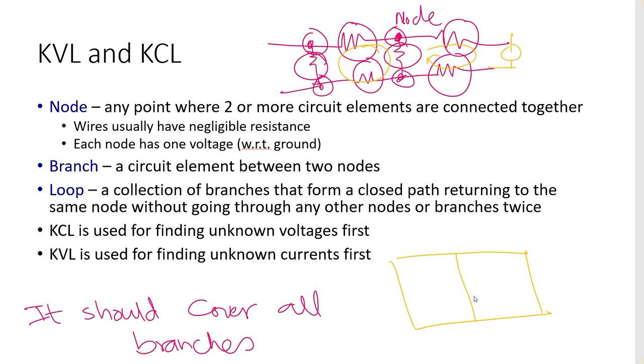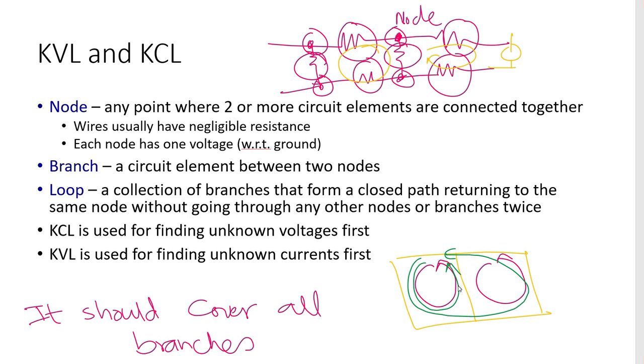So if we want to loop this circuit, the first method is that this is, let's say, loop 1 and this is, let's say, loop 2. You can give any direction to it. But the second method is to just cover all the branches. So let's say this is our loop 1 and this is our loop 2.